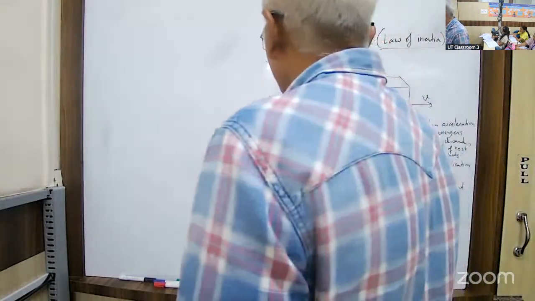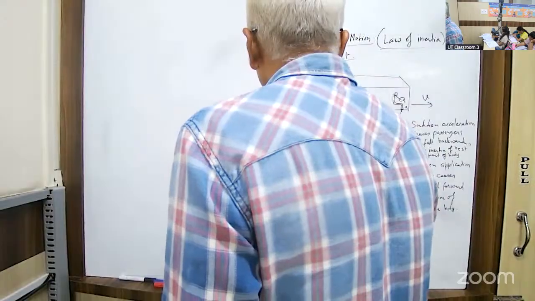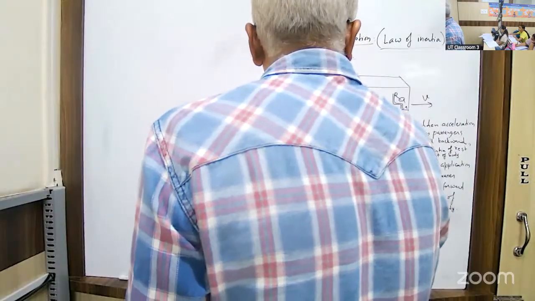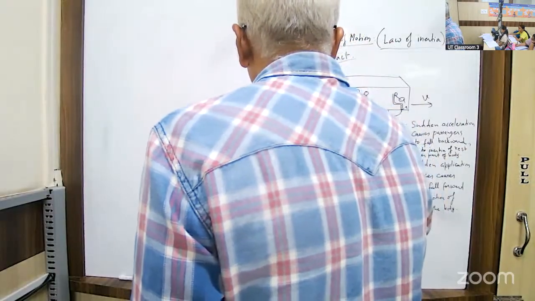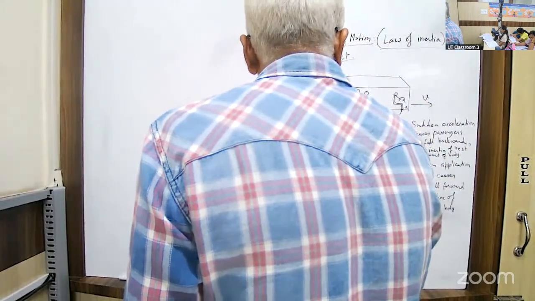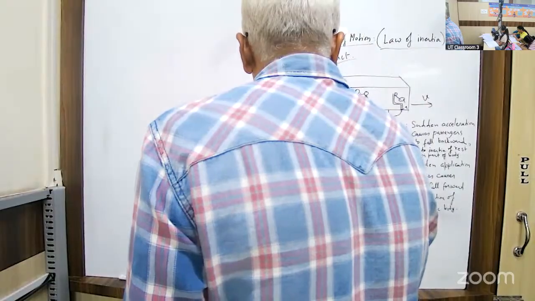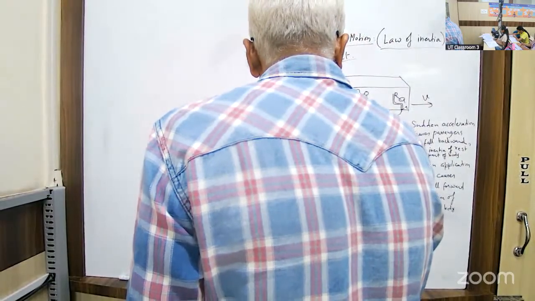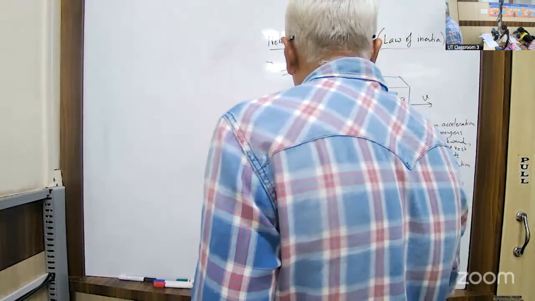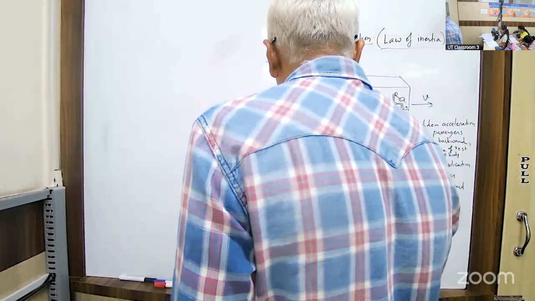So linear momentum P is defined as the product of mass and velocity. That is P is equal to m into v.